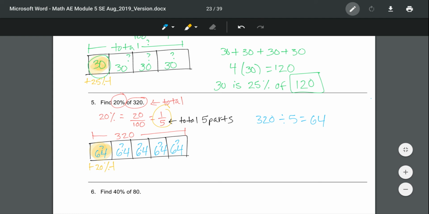So label each part, and then we're only looking for 1/5 of our bar model. So that would just be 64. So that means that 64 is 20% of 320. And we're asked to find 64.